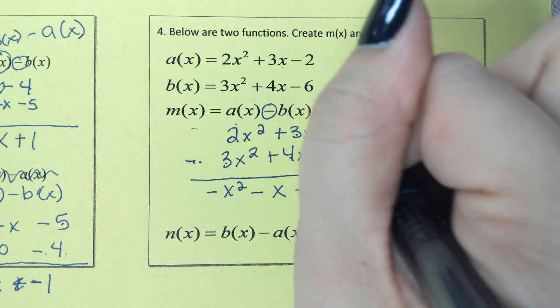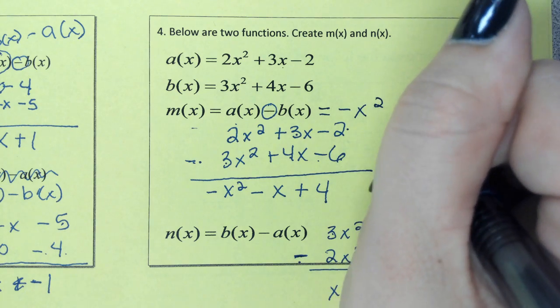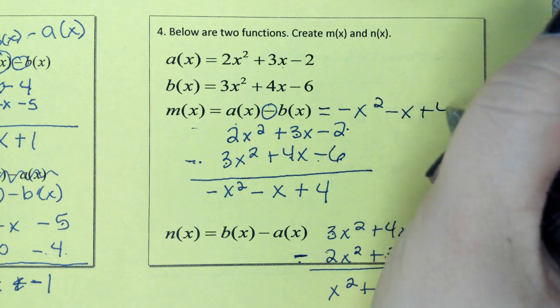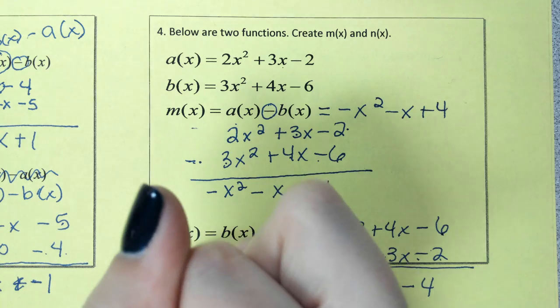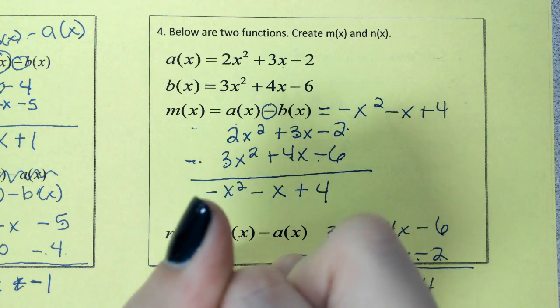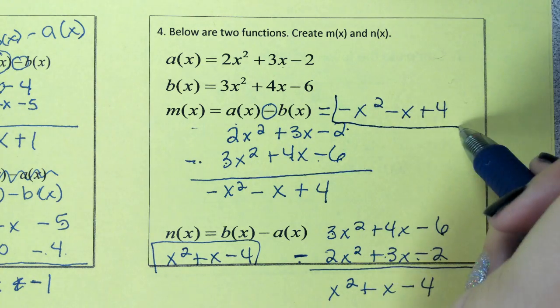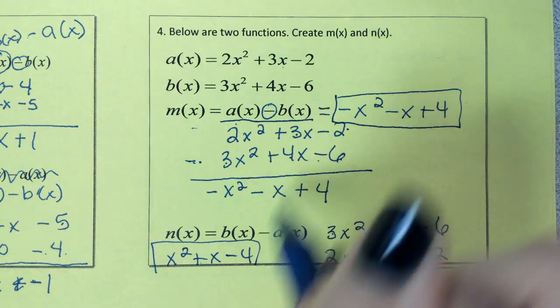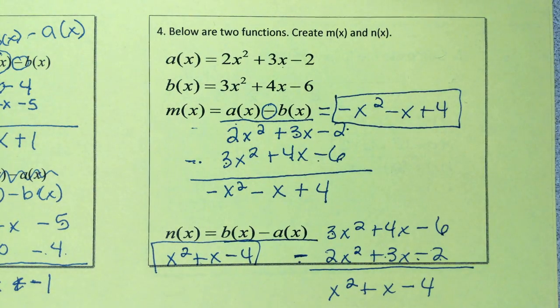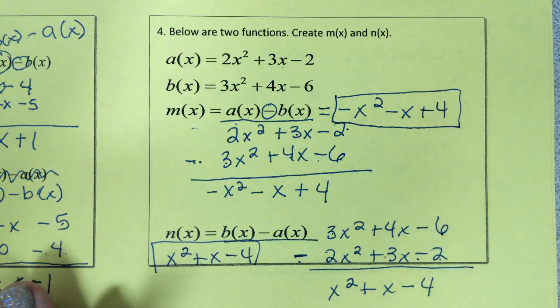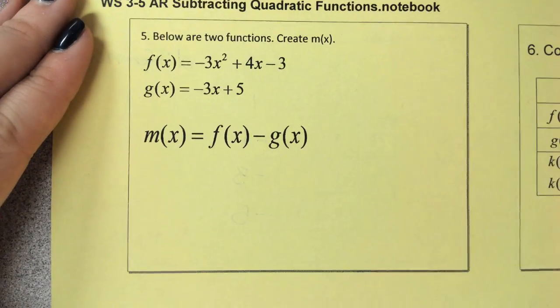So m of x equals negative x squared minus x plus 4, and n of x equals x squared plus x minus 4. Again, this is why order matters, and you've got to make sure you read those equations. Please make sure you're paying attention. That's where you're going to mess up on your test, on your quiz, on your worksheet, all of those.